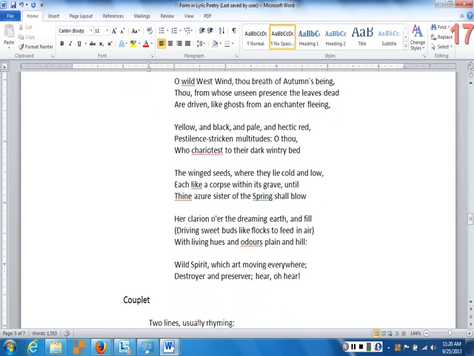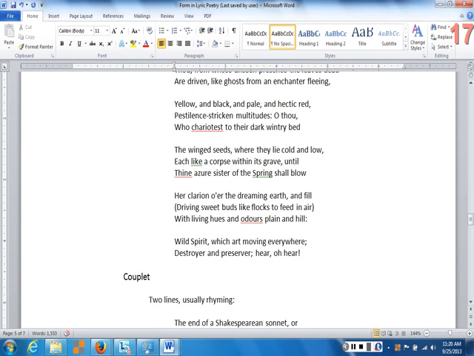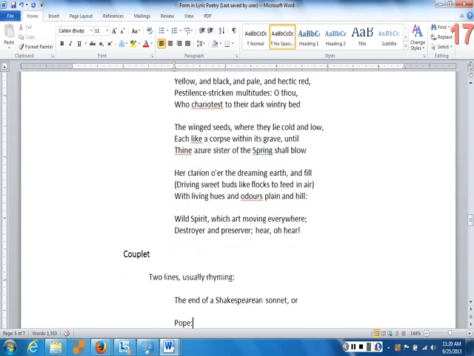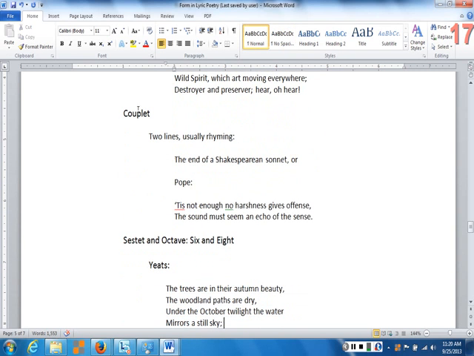Terza rima simply being the interlocked tercets, interlocked in terms of rhyme. Couplet we've already looked at. Okay, 2 lines usually rhyming, such as at the end of a Shakespeare sonnet. We already saw that. Or remember Mr. Pope? Pope wrote in rhyming couplets.